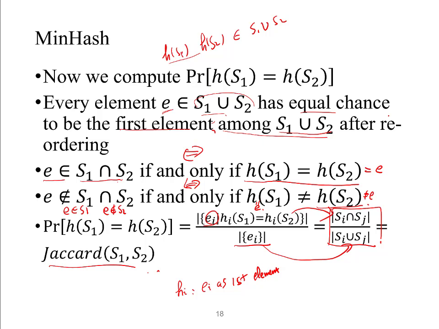All right. So now we have proved that the probability that they have the same hash value equals their Jaccard similarity.